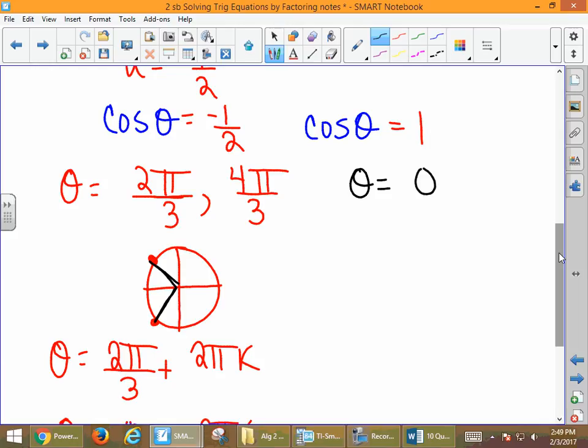We don't need to include 2 pi, because 2 pi would be a coterminal angle to 0. So theta equals 0 is our only choice. So we can write 0 plus 2 pi k. And if you prefer, you can just write 2 pi k. But I like to have kind of a reference back to what the original angle was.